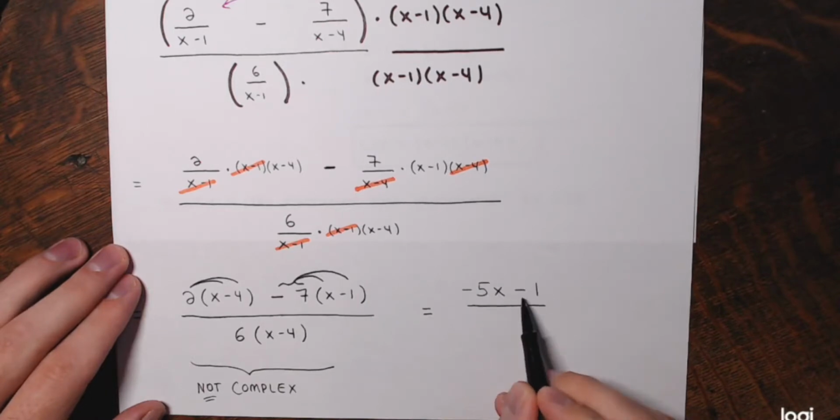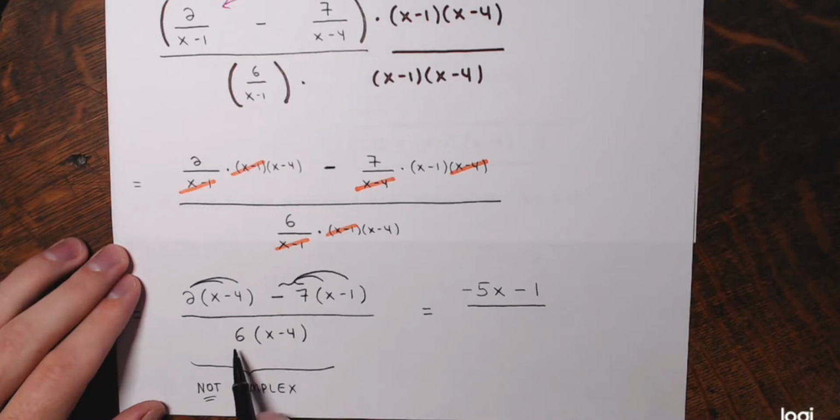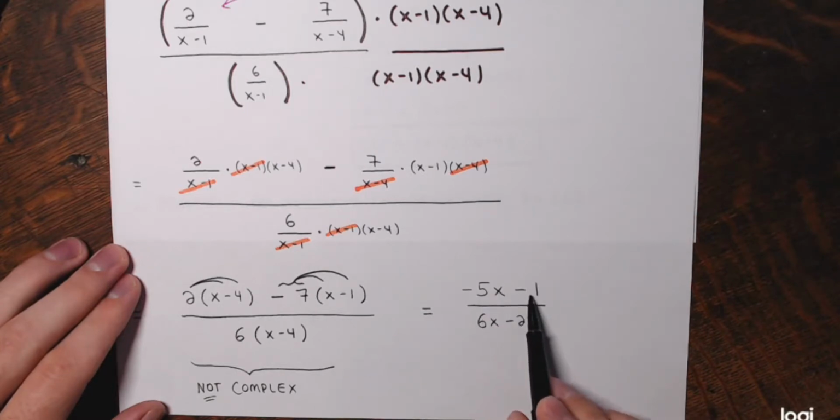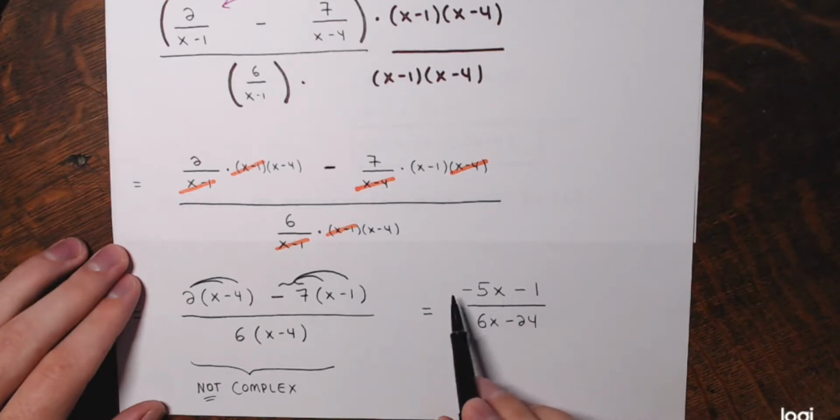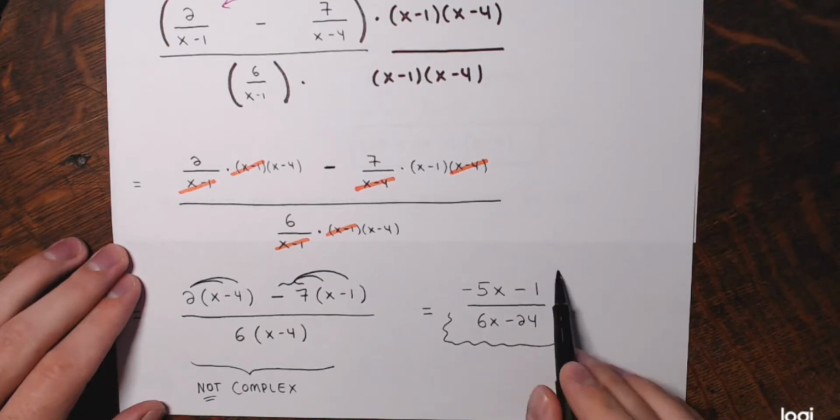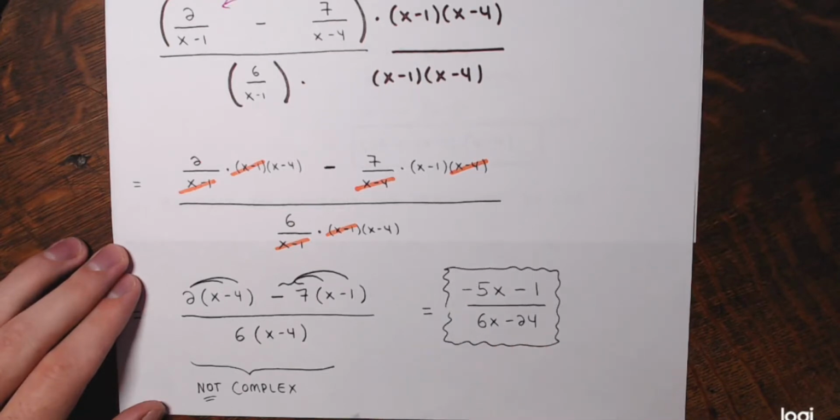That doesn't factor any further, so I can put the 6 in down here. That'd be 6x minus 24. And that doesn't factor any further. I guess you could pull out a negative 1 if you wanted, and you could pull out a 6, but there are no common factors in the numerator and denominator here.